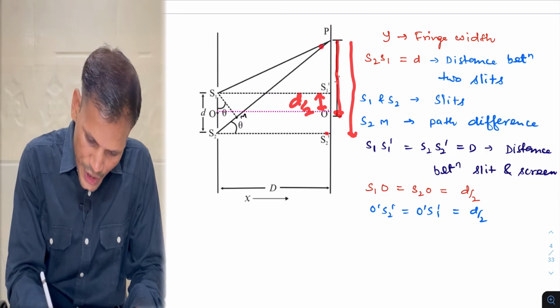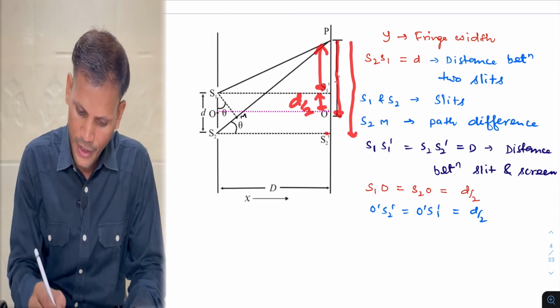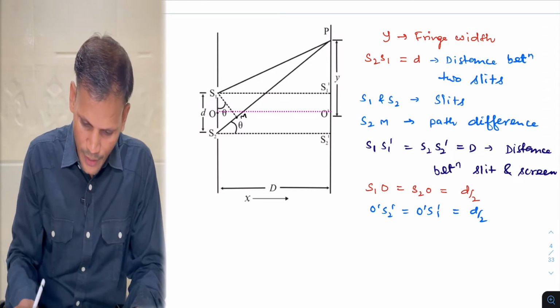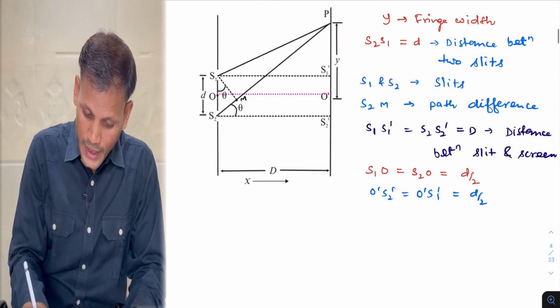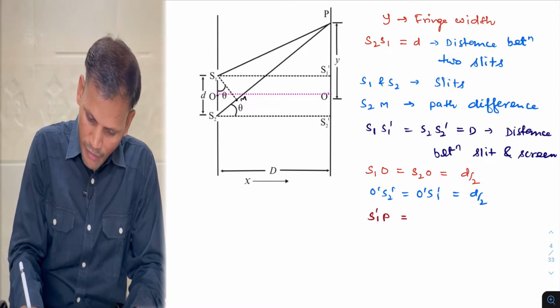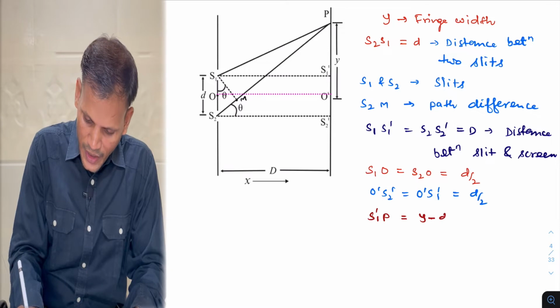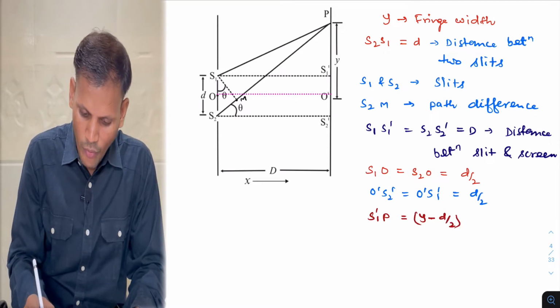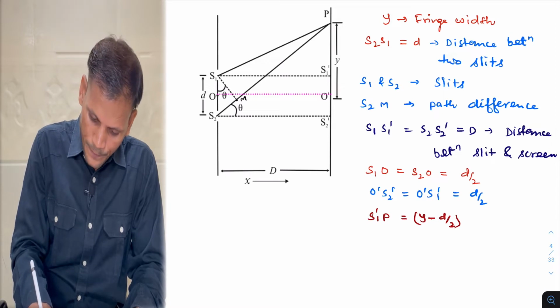So this distance will be y minus D by 2. That point is S1 dash P, it will be y minus D by 2. Very important thing. And what will be S2 dash P?